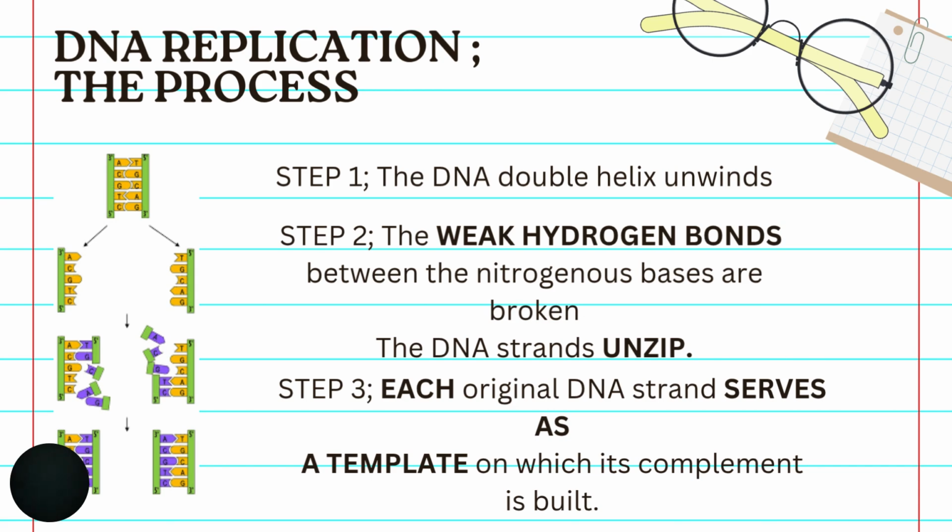The strands will be broken up and they'll just be individuals. Each DNA strand will then serve as a template for which a complementary DNA strand will be formed. What do they mean by that? Like we had mentioned, the nitrogen bases have best friends. Each nitrogen base will basically bond with its best friend, so it will make another strand with the correct best friends for the nitrogenous bases, if that makes sense.